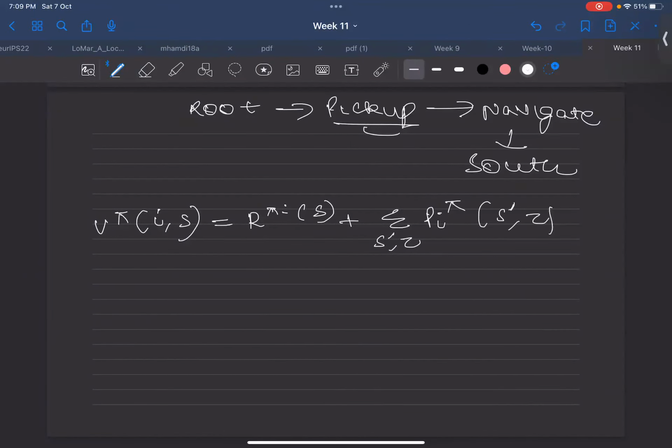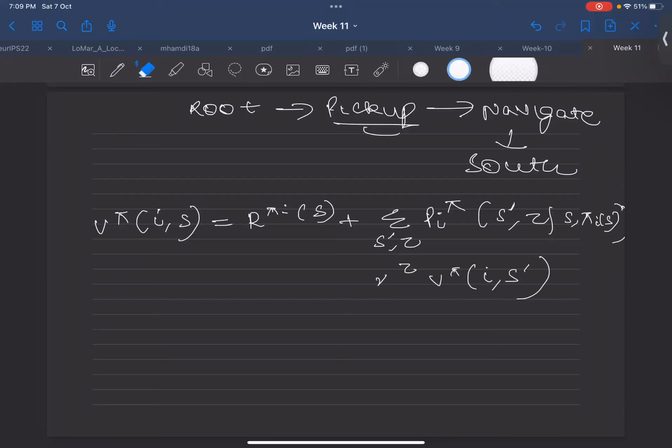Can someone explain this in detail? V pi is the value function of the state S in the task I. I have the task I in the state S, and that is what I am computing.